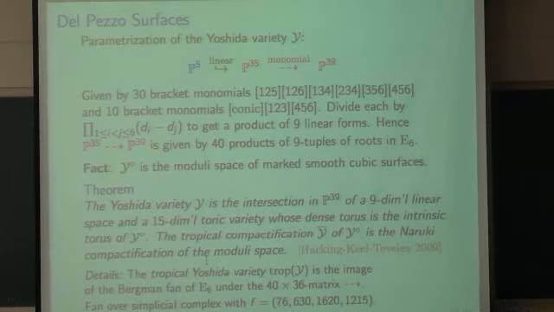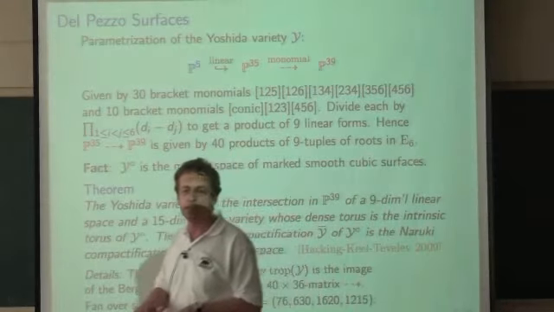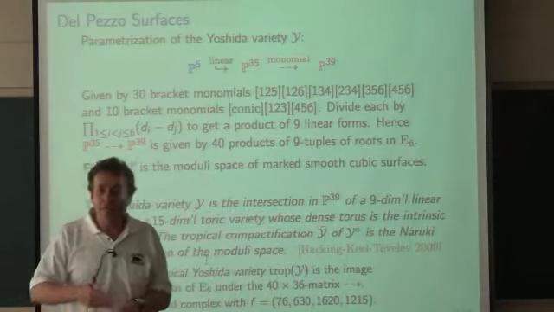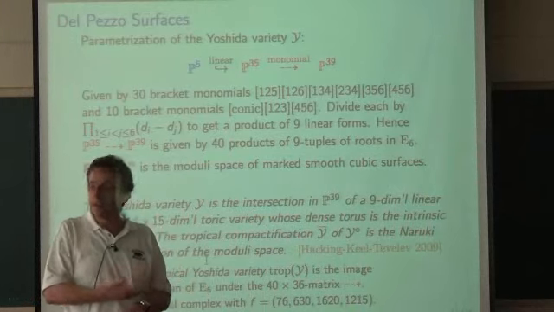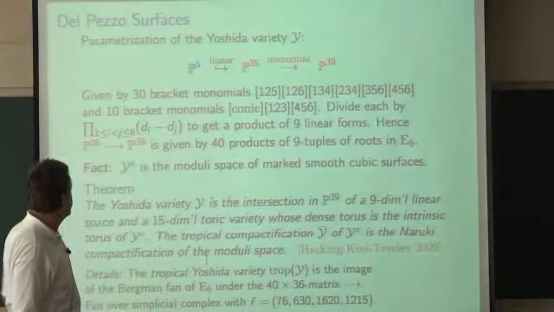Well, turns out that this has a modular interpretation, so why not? The open part of the image is known as the moduli space of marked smooth cubic surfaces. A cubic surface in 3-space you get by blowing up 6 points in the plane. I have parametrized for you 6 points in the plane, and so that's it.